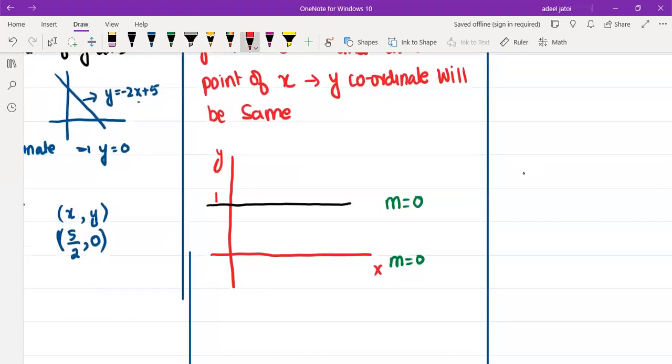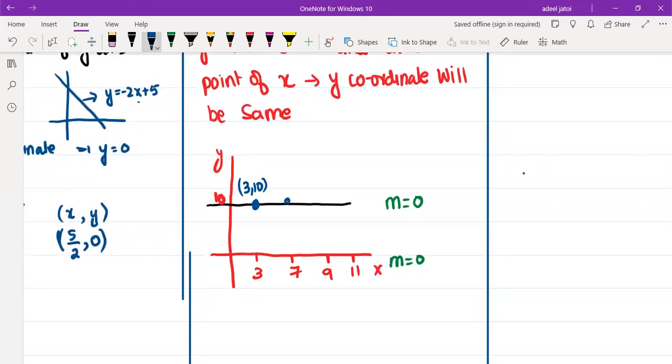What does this mean? If I say that your y coordinate is 10 here, and let's take this as 3, let's take this as 7, or let's take this as 9, or let's take this as 11. Now, for each point, this particular point on the line will be 3, 10.